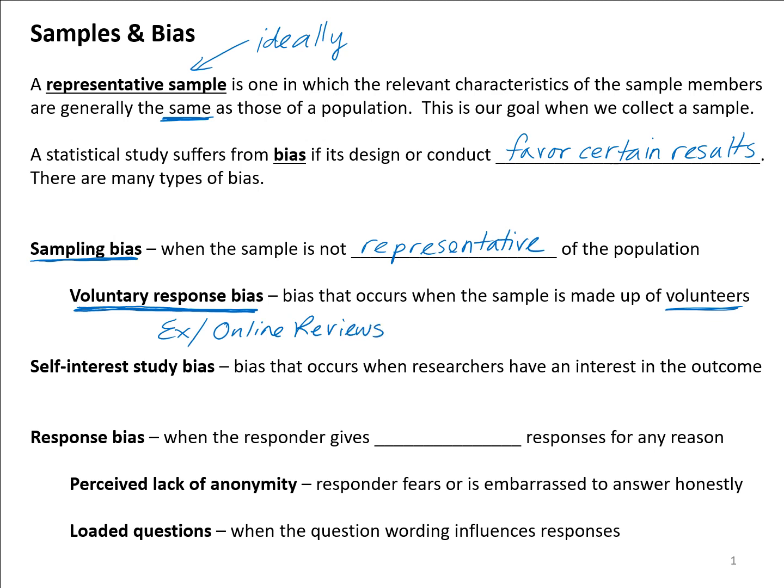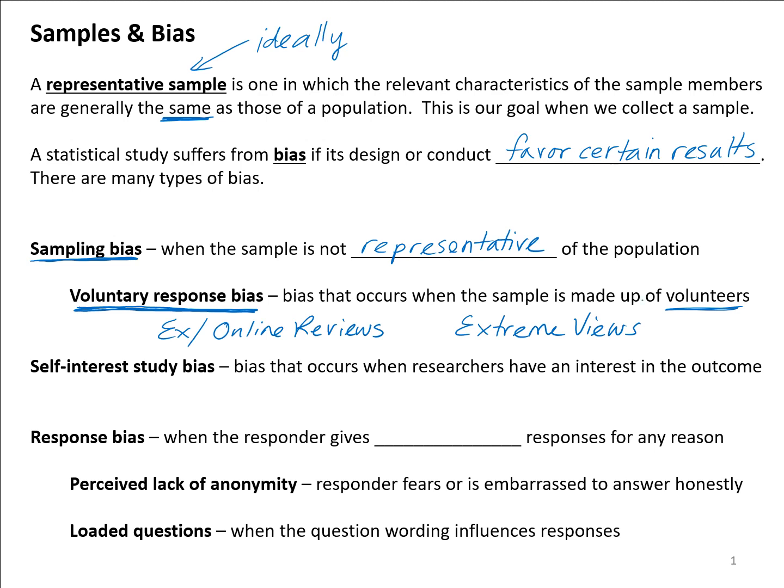People choose to write them, and people will choose to write an online review if they're motivated to write an online review. And often they're motivated because they're really happy or they're really not happy. So you will tend to get extreme views instead of what you might call run-of-the-mill views.